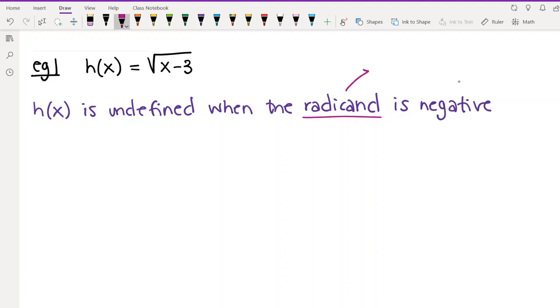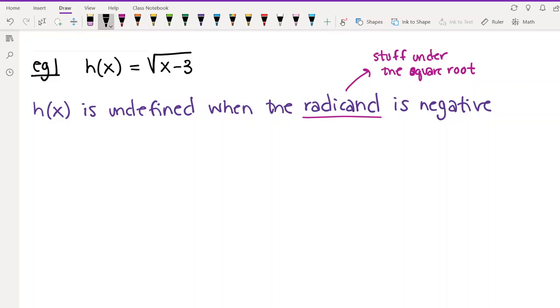The radicand just means the stuff, super technical word here, under the square root. And by the way, it's okay for the stuff under the square root to be 0. There's nothing wrong with taking the square root of 0. The square root of 0 is equal to 0, right? Because square root of 0 is asking you what number would you have to square to get 0, and the answer is just 0. The problem is when it's a negative number.